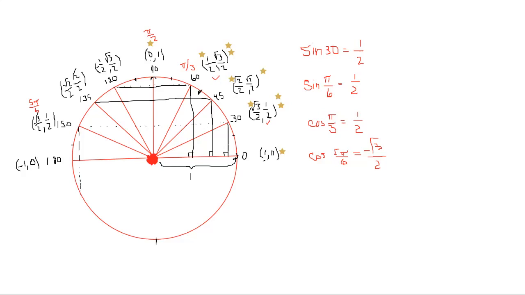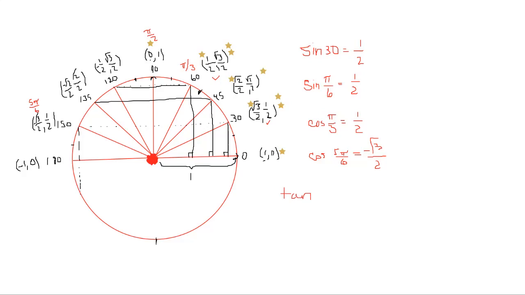Let's do one more thing here before we stop. We know that tangent is opposite over adjacent. Tangent is the y value divided by the x value.